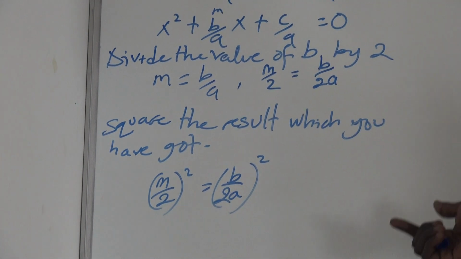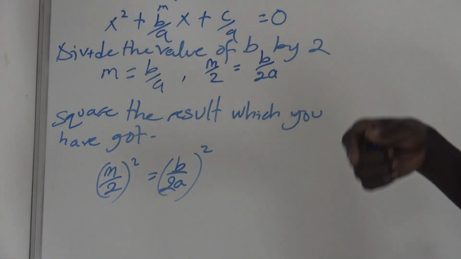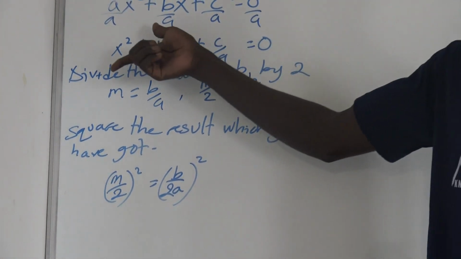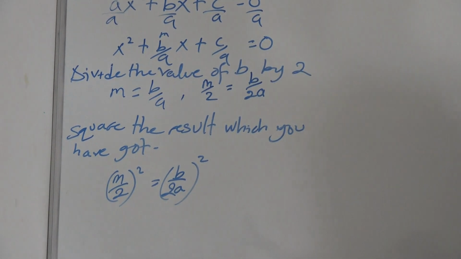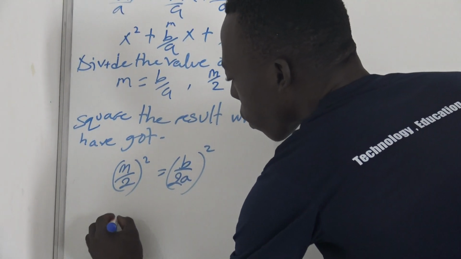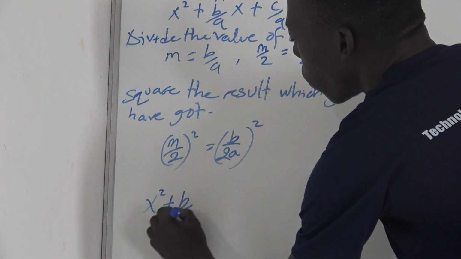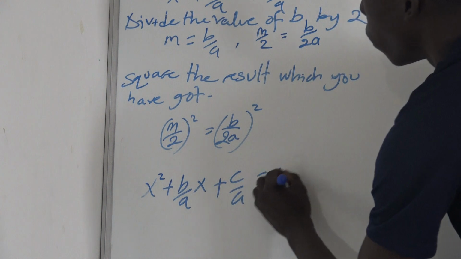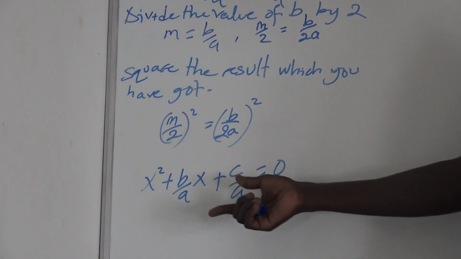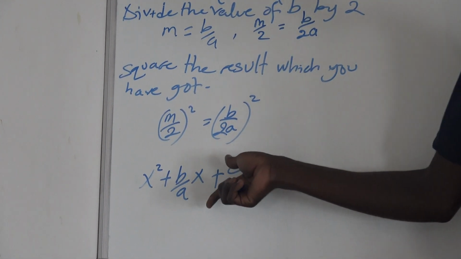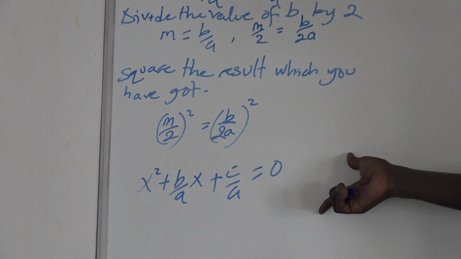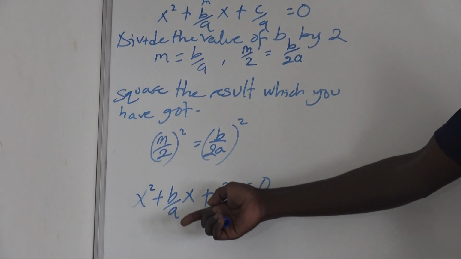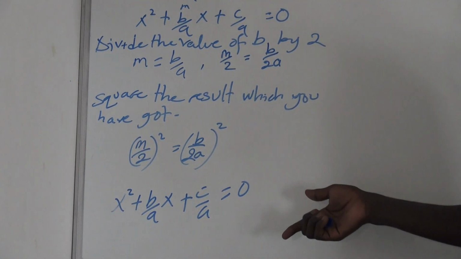After squaring, you go back to the initial equation which we had, in the form of x squared plus b out of a x plus c out of a equals 0. From this equation, we first take this c out of a to the other side of 0. It was initially positive, so when you take it to the other side it becomes negative.